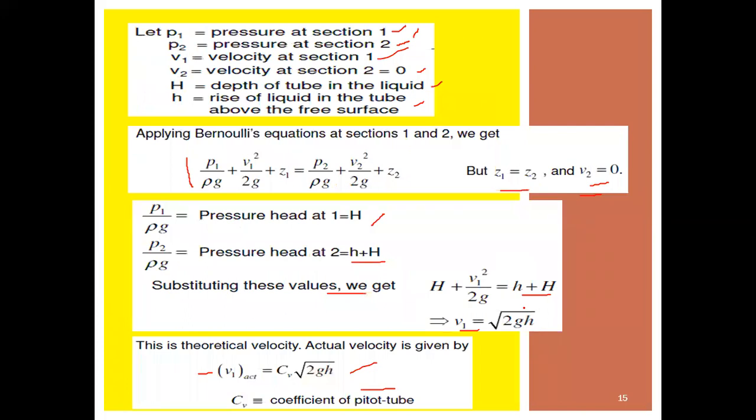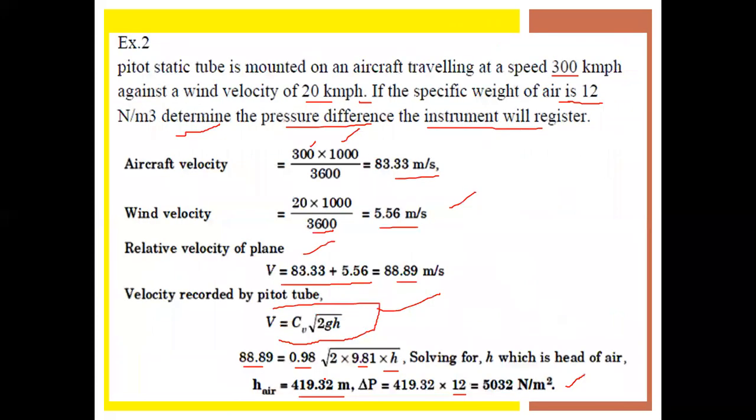This is the derivation of this Pitot tube, and here also we are using Bernoulli's equation, and we are finding the coefficient of this Pitot tube. Here is the theoretical value, that is V1 is equal to root 2gh. For the actual value, Cv into root 2gh. So based on this, we will get some of the problems, right?